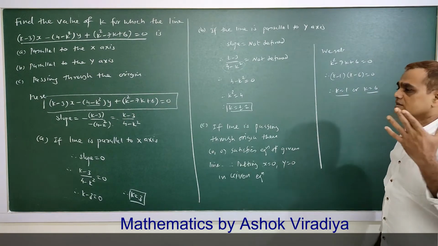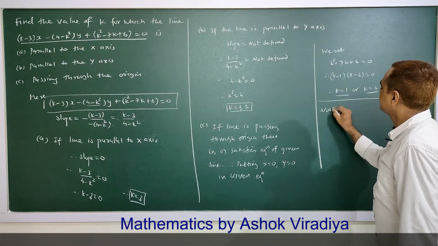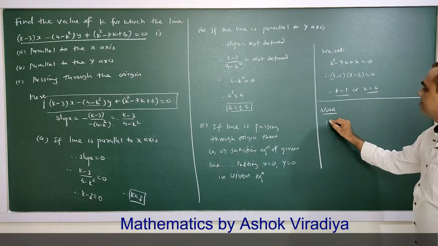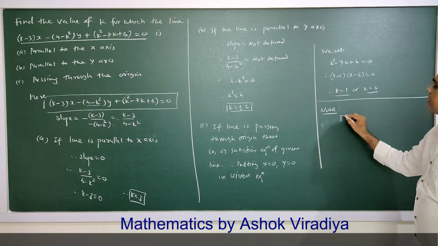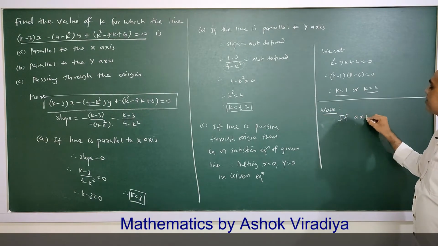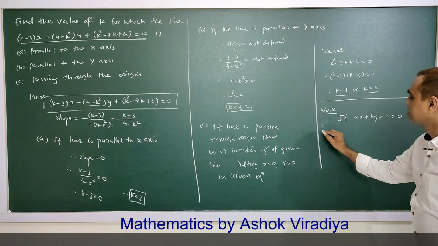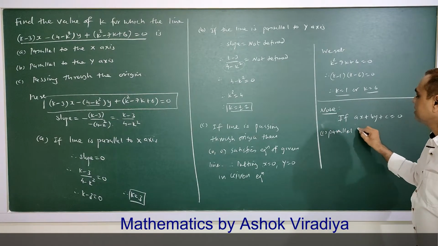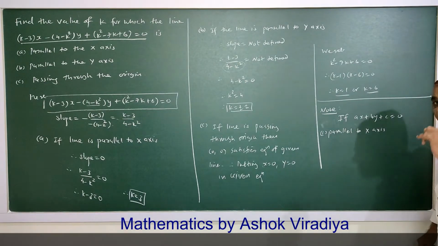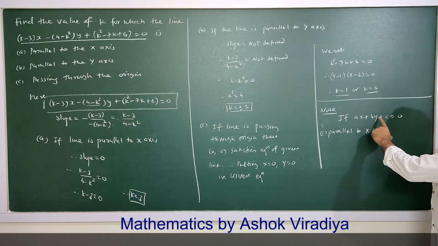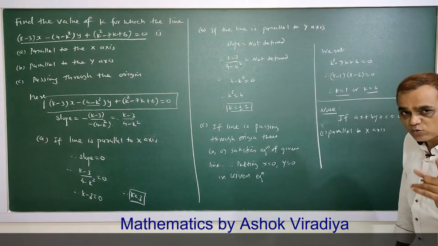See, always remember one point, that for any line ax plus by plus c equal to 0, if it is parallel to the x axis, then the equation is free from x.